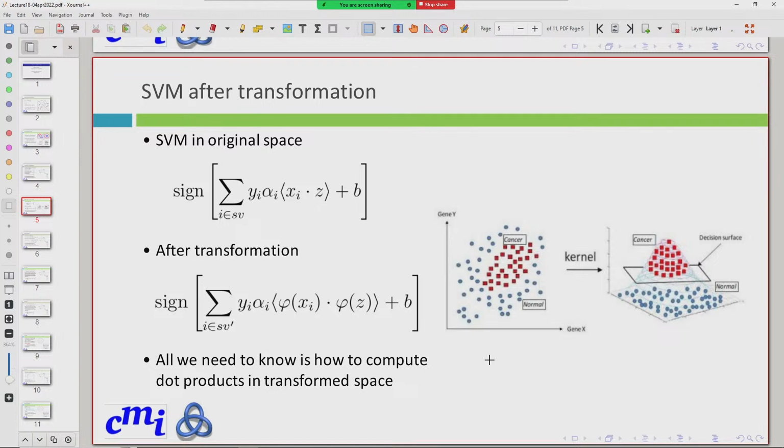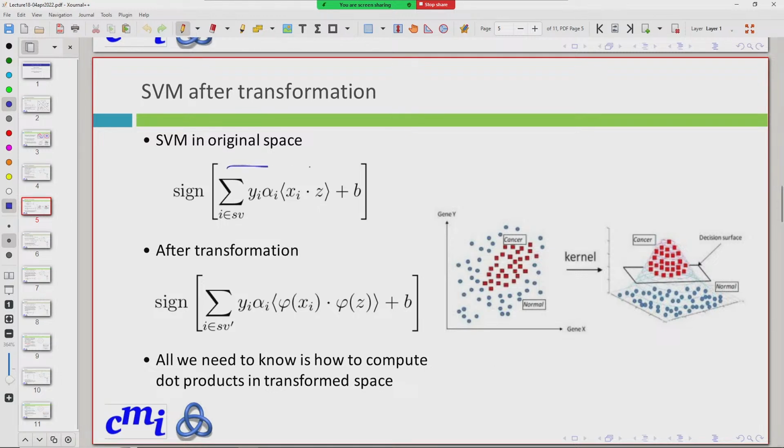So, this was our original support vector machine solution format, which was a linear combination of these xi's. When you have some new point z to classify, that can be written as, oh sorry, I keep getting confused.